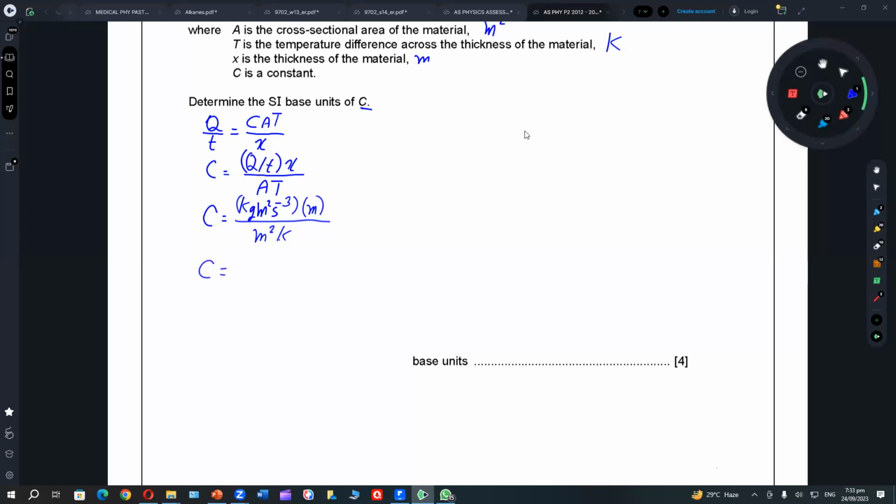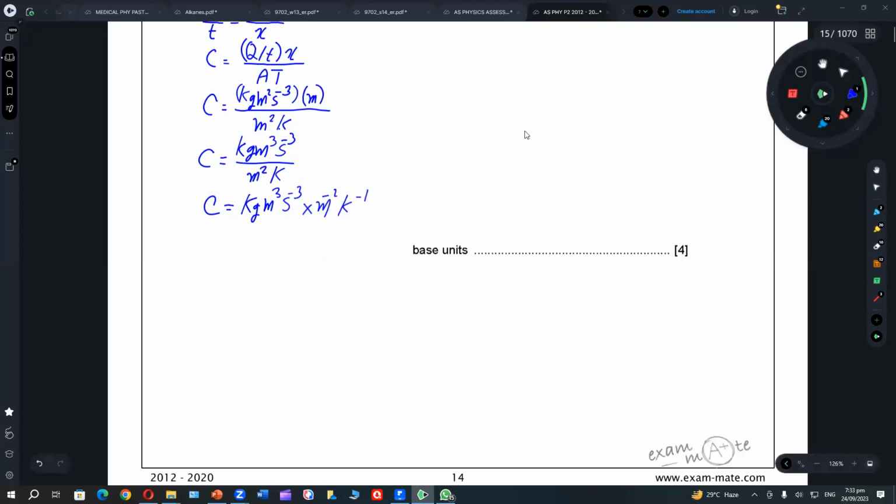On the top, there is a meter square and there is a meter. So it will become meter cube s minus 3 upon meter square into K. Kg m square, sorry, kg m cube s minus 3 into m minus 2 and K minus 1.